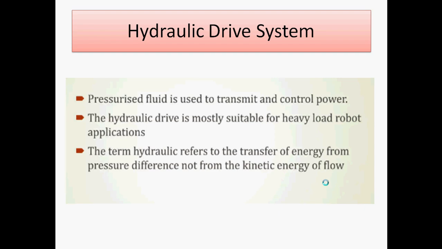Whenever a hydraulic system is present, pressurized fluid is required, and it can activate the different types of valves and then complete the actuations. The hydraulic system is mostly used for heavy load robot applications.